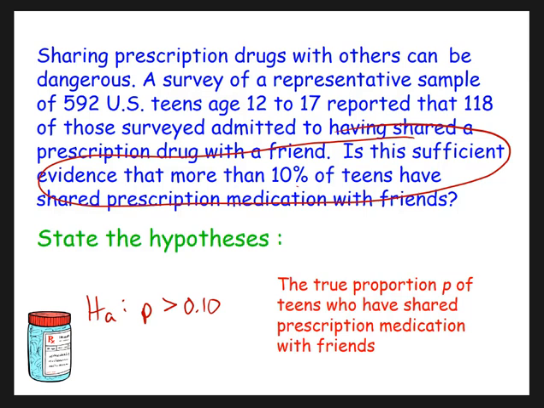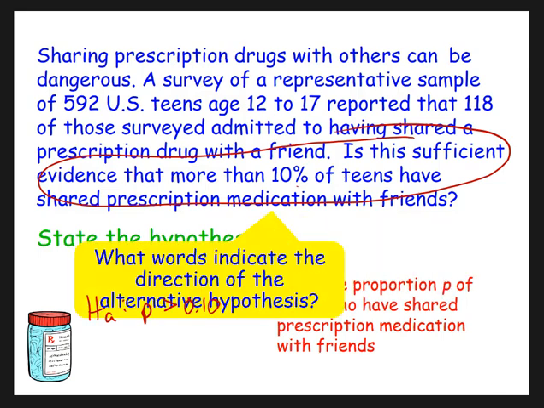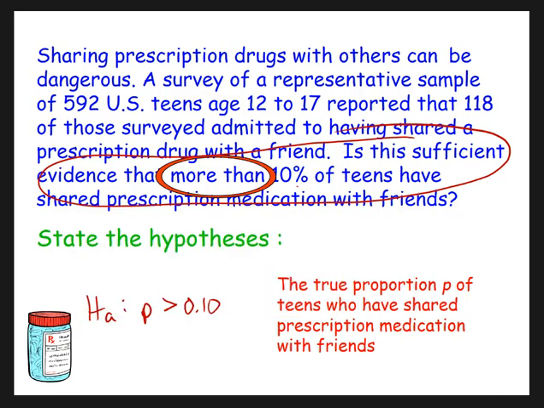So in this case, the proportion p of teens is our population of interest, the proportion of teens who have shared medications. The hypothesized value is 10%, so that's going to go in our null hypothesis. And this indicates the direction of our alternative. It says more than 10%. That's where we got that greater than 0.10 down there.